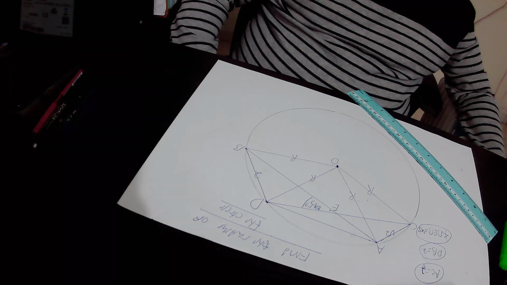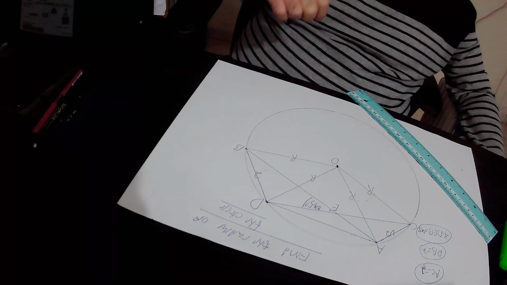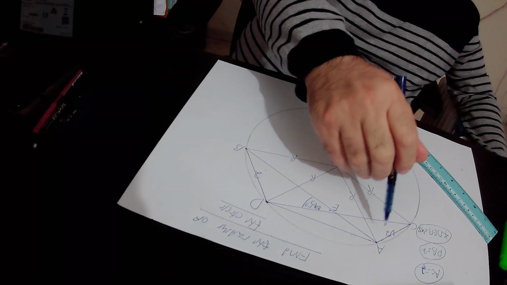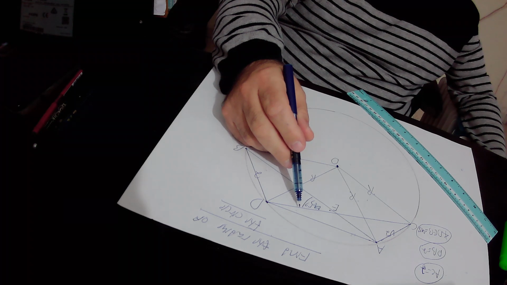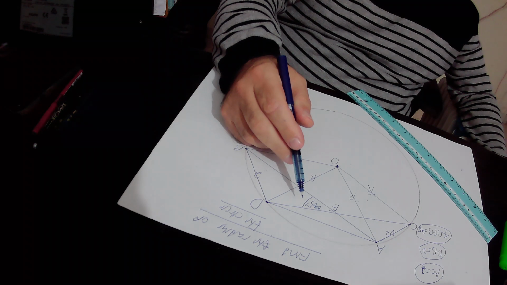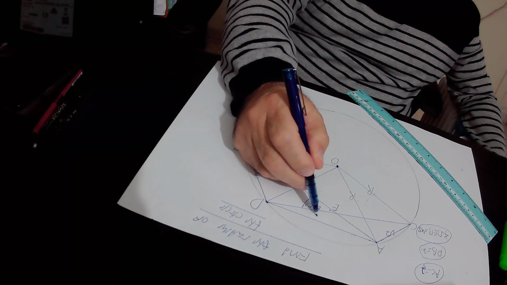In the next step, we will define peripheral angle ADC. This peripheral angle is y over 2.